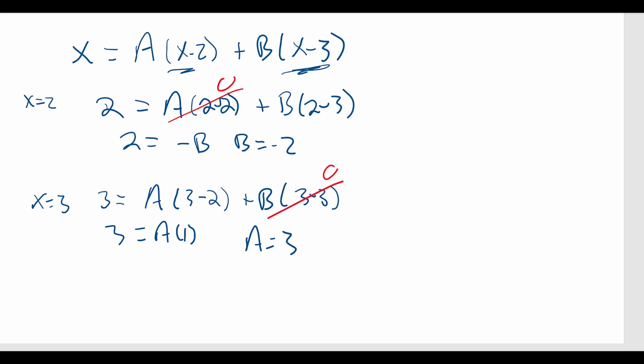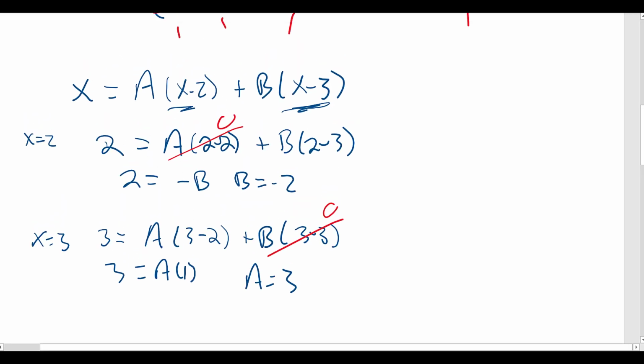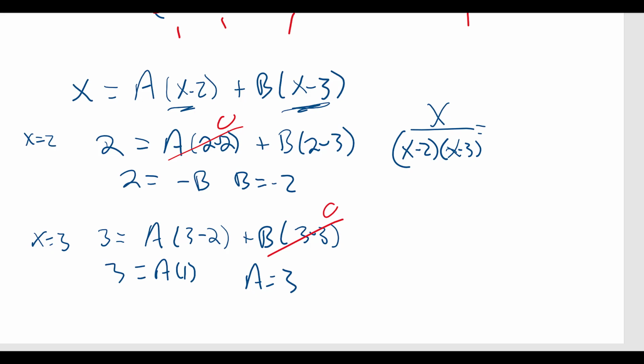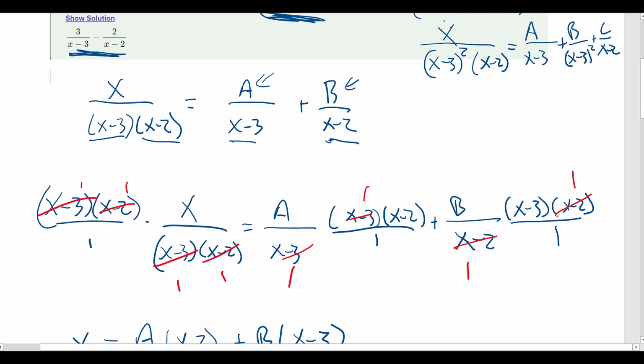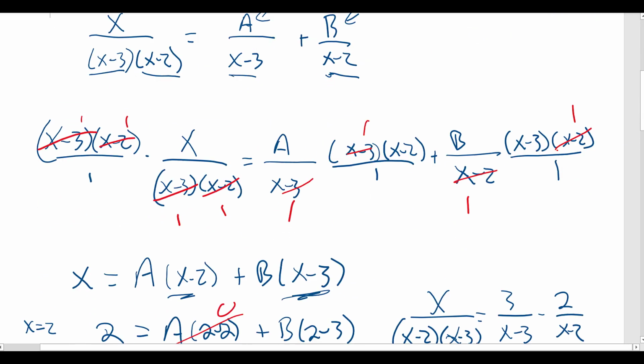So that leads us to x over x minus 2 times x minus 3. I know that it's not the same order, but multiplication is commutative, equals 3 over x minus 3 minus 2 over x minus 2. And that is what they have there. Good, I got it right.